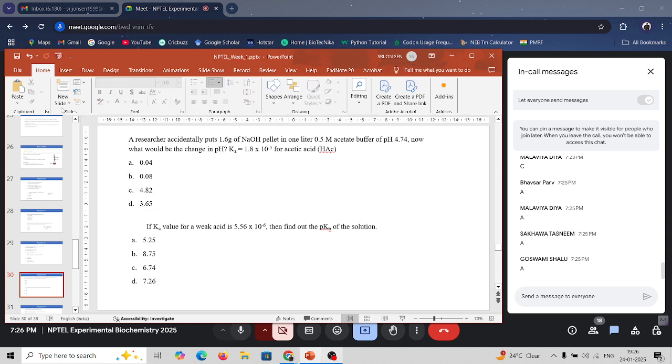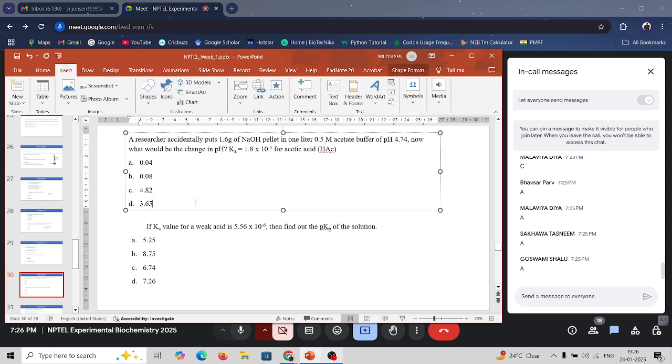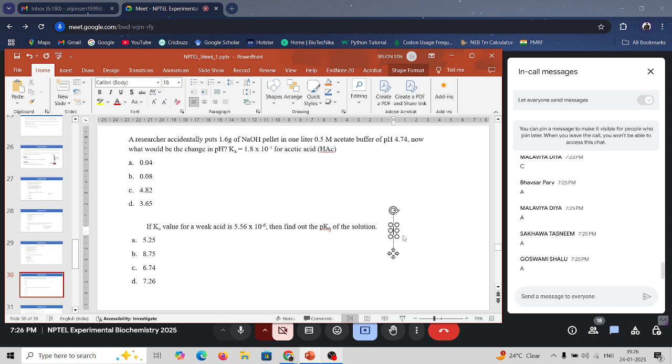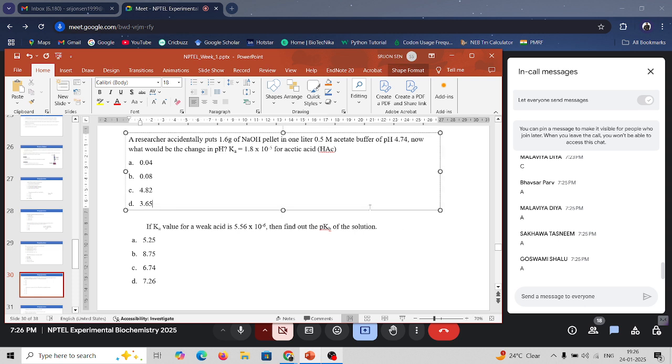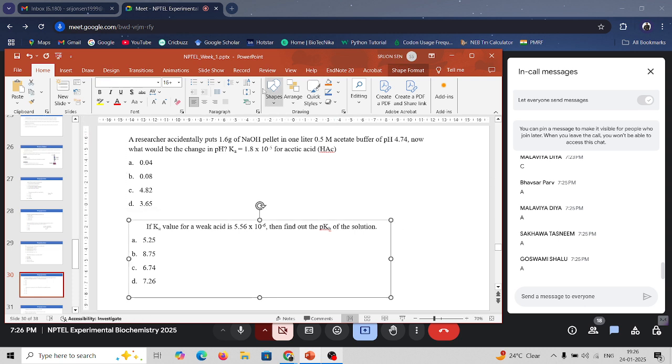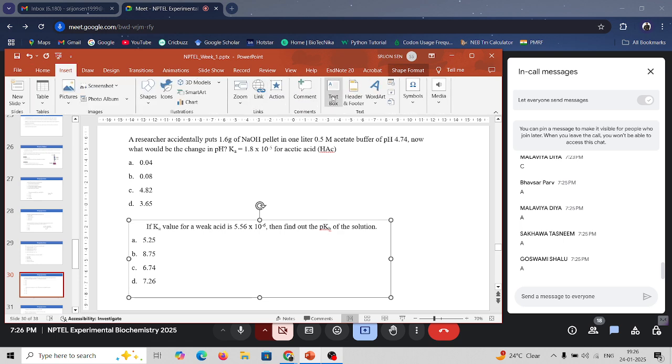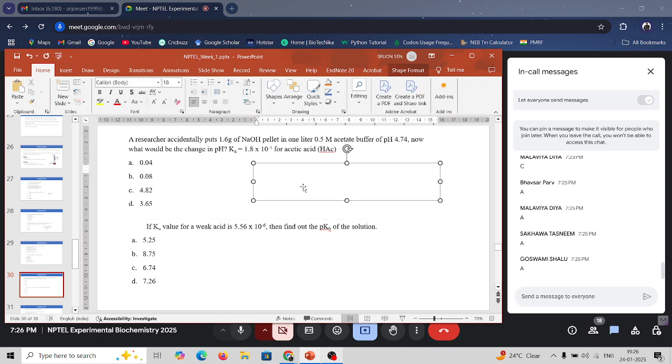We are looking for the change in pH, not the pH. Try to do this numerical. How will you do it?